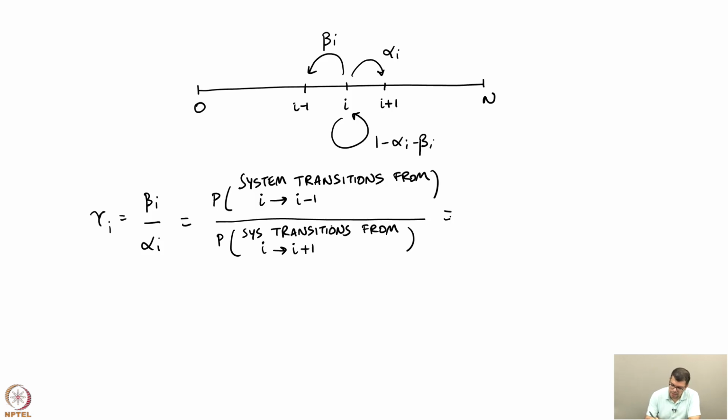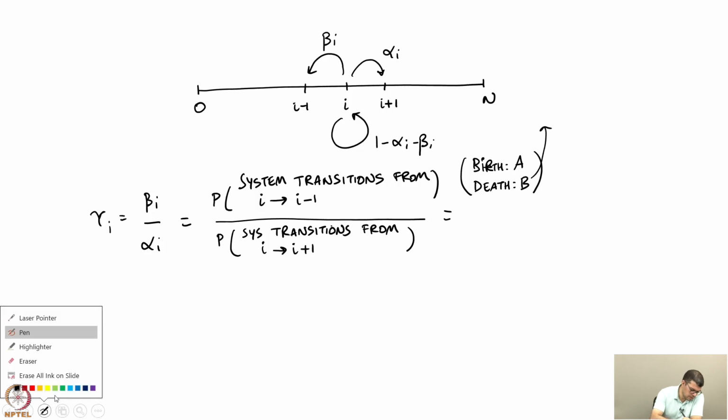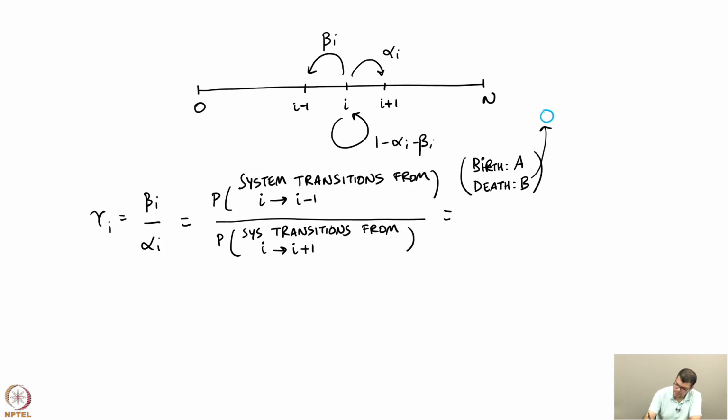Transition from I to I minus 1 can only happen if the birth event is of an A type individual and the death event is of a B type individual, the mutant. This is the mutant that we have been discussing all along, and that is why the number of mutants in the population is going to reduce by 1.